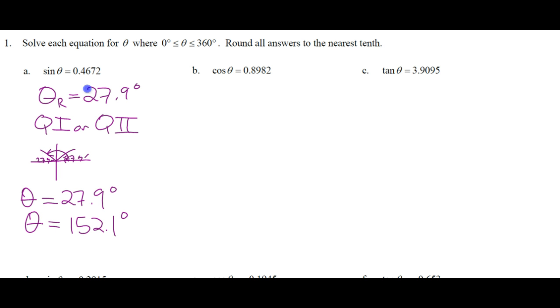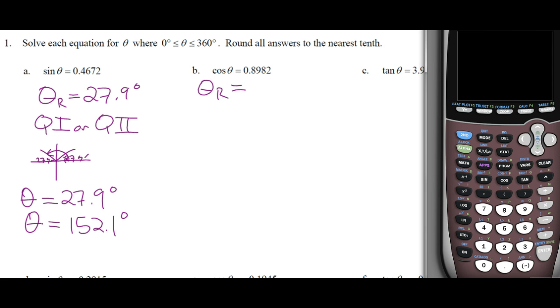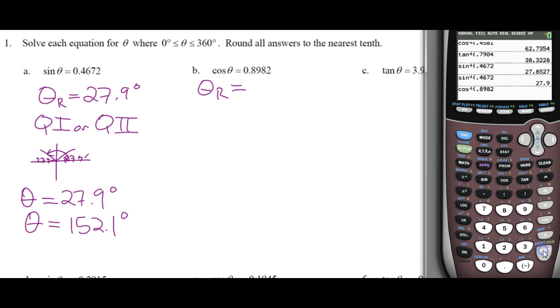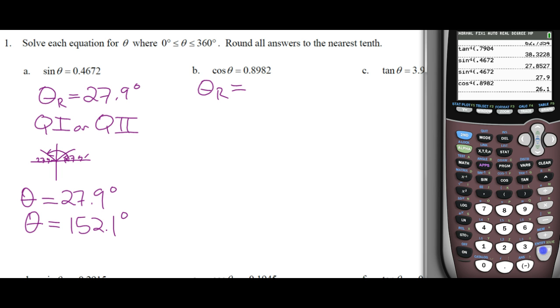Okay, and we do the same thing for cos. So just work your way through this. I'm just going to pause it. Okay, cosine is positive, so the reference angle is just cos inverse 0.898982, which is 26.1 degrees.